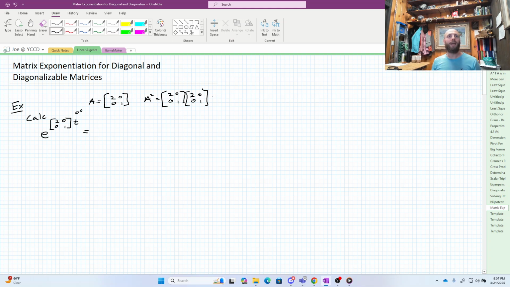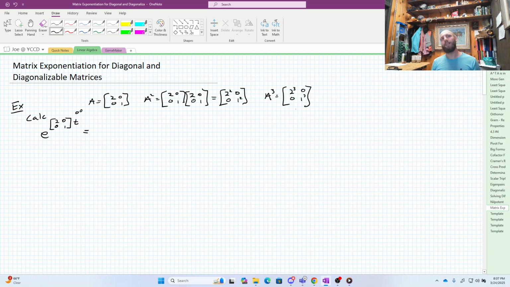I'm going to multiply it out, and what I end up with is 2 squared, 0, 0, 1 squared. If I do A cubed, I'm going to end up with 2 cubed, 0, 0, and 1 cubed.